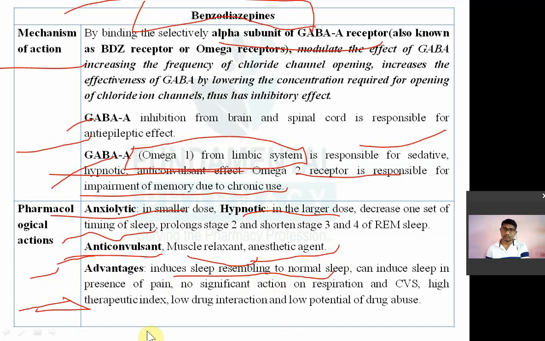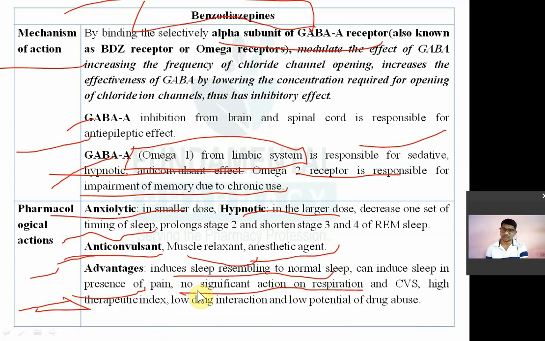They can induce sleep even when there is pain, so even if you are in pain they will induce sleep. No significant action on respiration, which means they are not respiratory depressants, as in the case of barbiturates, which are respiratory depressants.